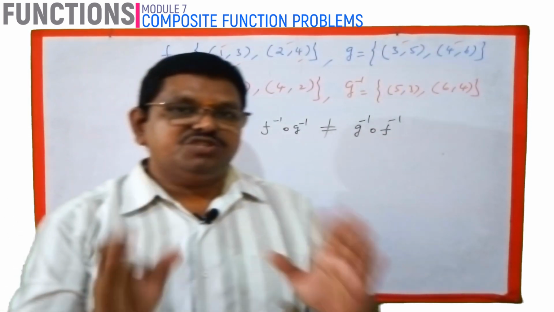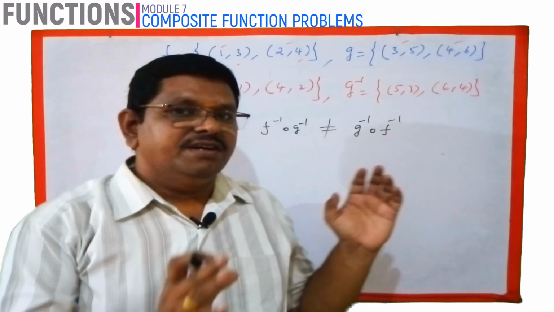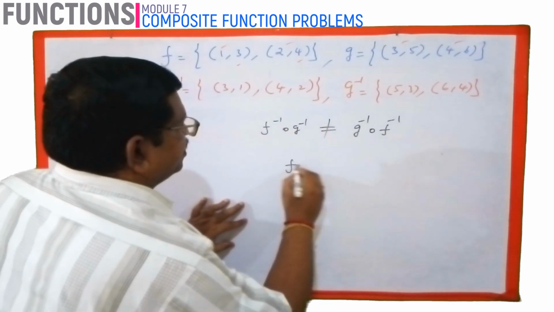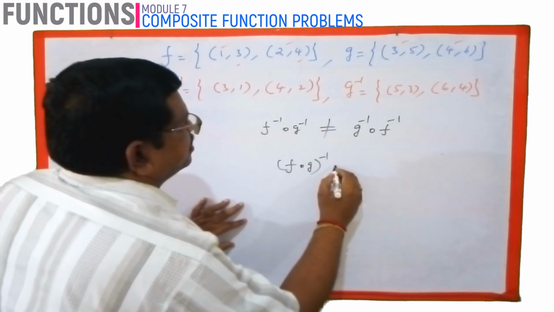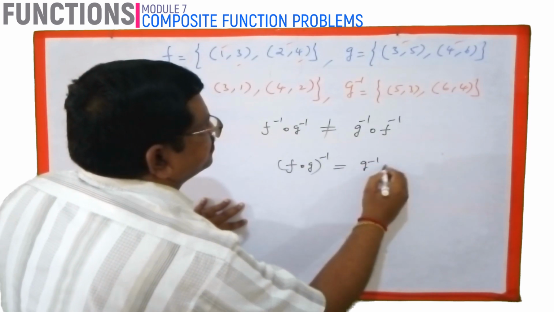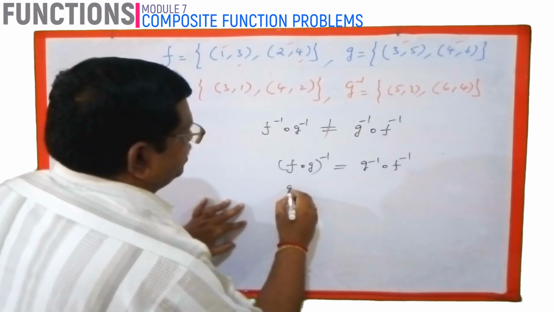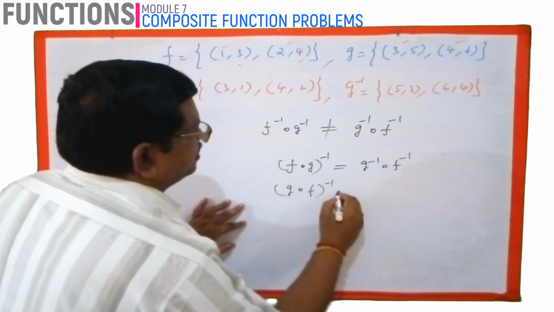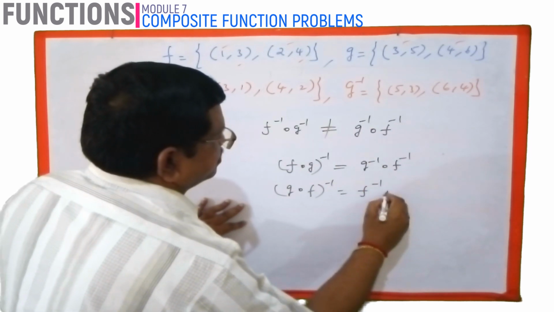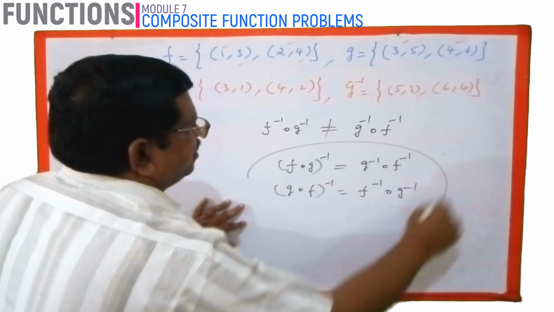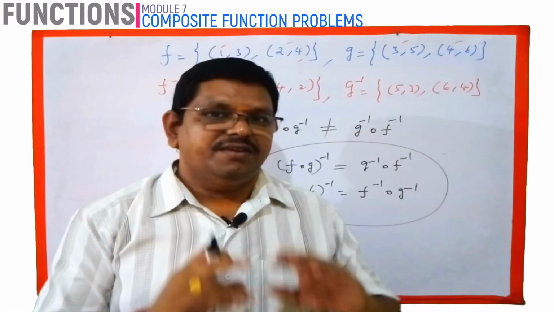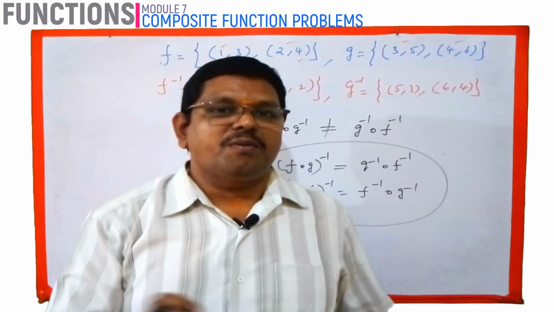In our next module, we will discuss the formulae: (f composite g) whole inverse is equal to g inverse composite f inverse, and (g composite f) whole inverse is equal to f inverse composite g inverse, and so on. In our next module, we will discuss many problems also.